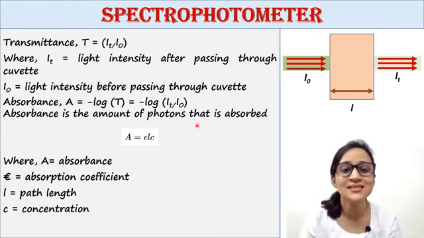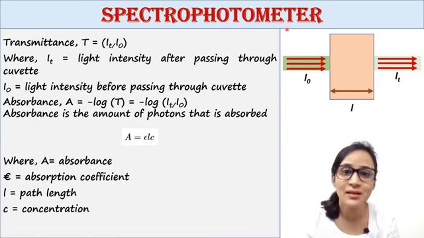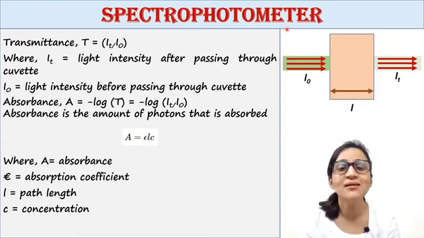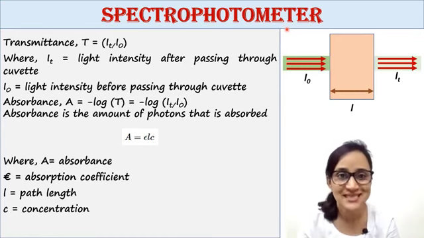Now from this absorbance, that is A, we can determine the concentration of the given sample by using the Beer-Lambert law. According to the Beer-Lambert law, a linear relationship exists between absorbance and the concentration of a sample.